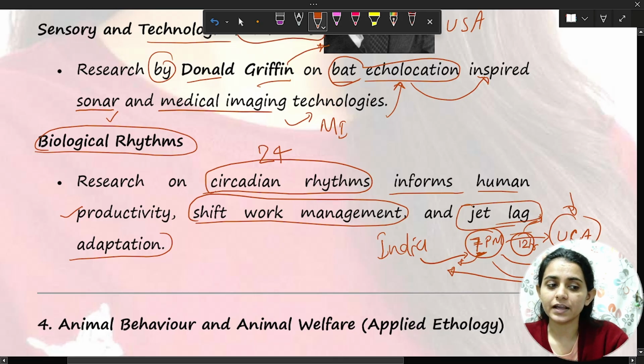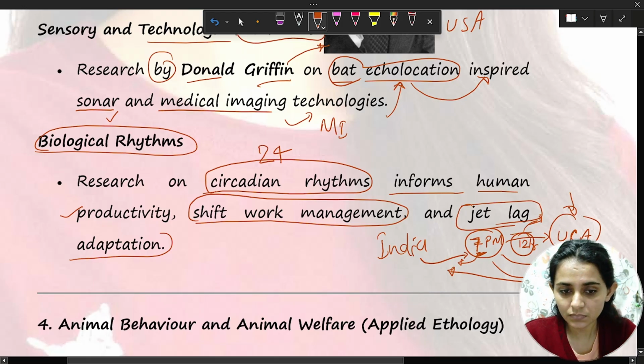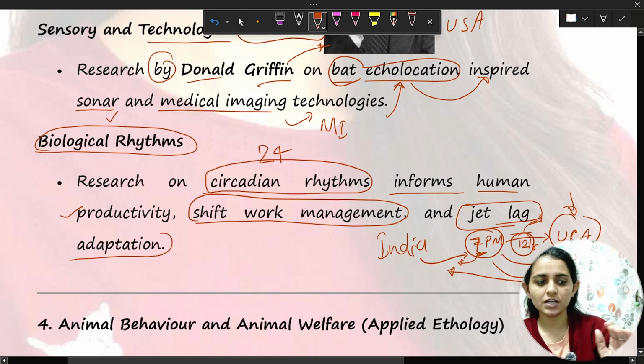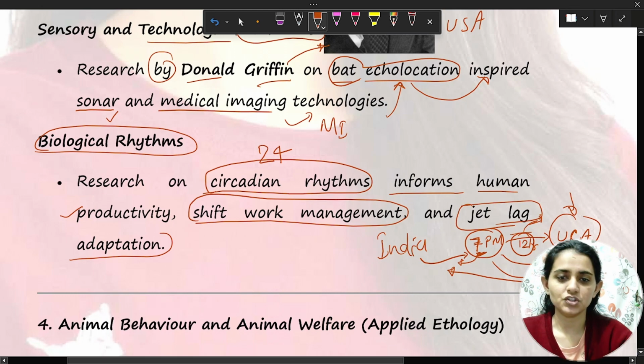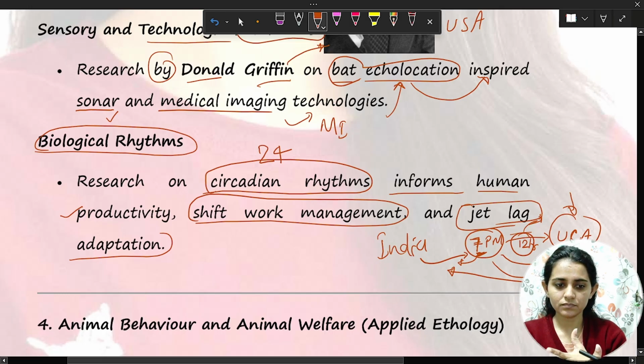That is jet lag, and that will continue for a while, but then you adjust if you live for a long time in that particular area. So that is jet lag adaptation. You adapt after switching the time.